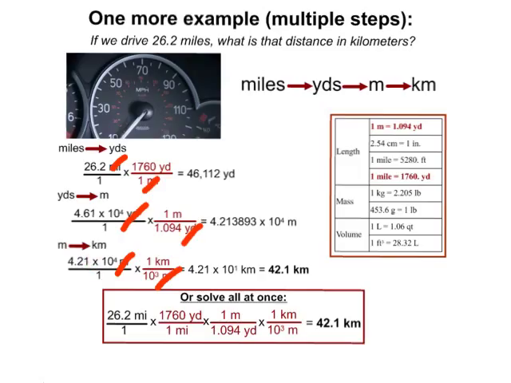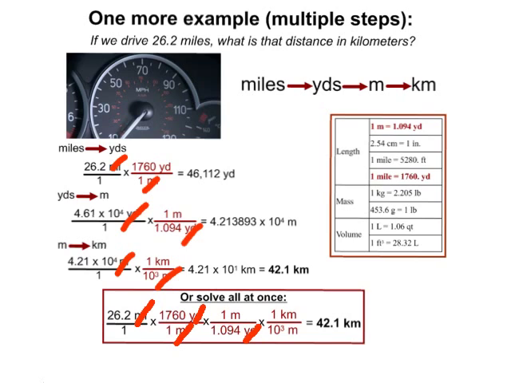Now, if you would like to solve this all at once, which is much more simple, you can do it either way, if you want to get used to this way, or if you'd like to solve it all at once. If I set the problem up by solving all at once, I simply start with what I know, 26.2 miles, and I multiply by each of those conversion factors. Now watch this. I want to make sure my units cancel out in this large problem. It's really important. My miles cancel out right there.